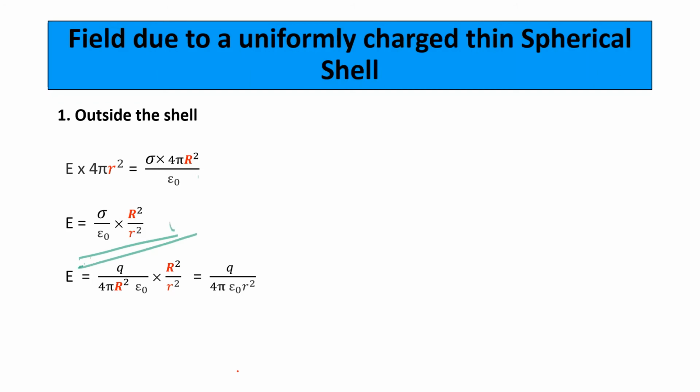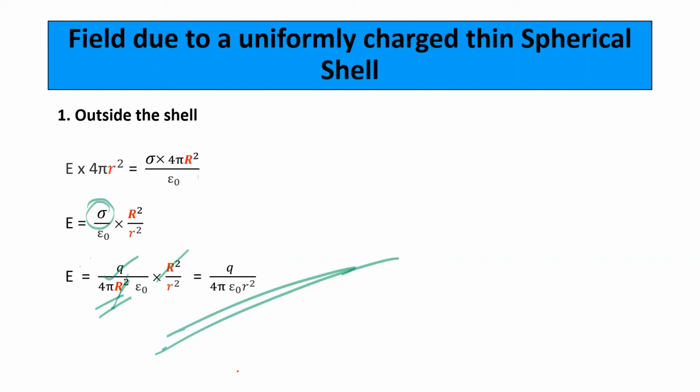This electric field expression can also be written as Q by 4 pi epsilon naught r squared, because we know that sigma is equal to Q by A, and A is 4 pi R squared. R squared and R squared get cancelled and this expression becomes Q by 4 pi epsilon naught r squared.